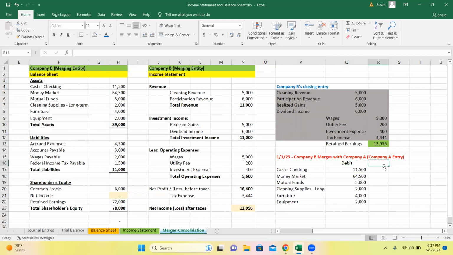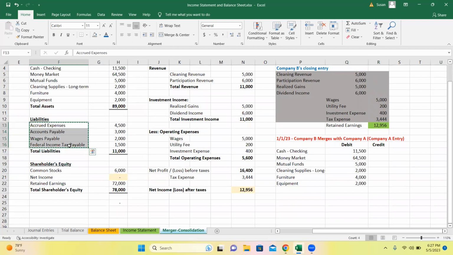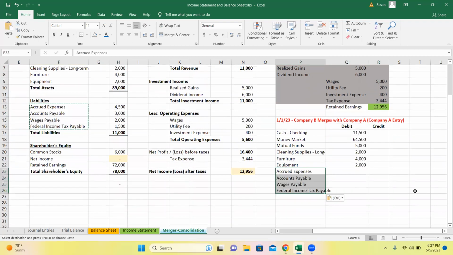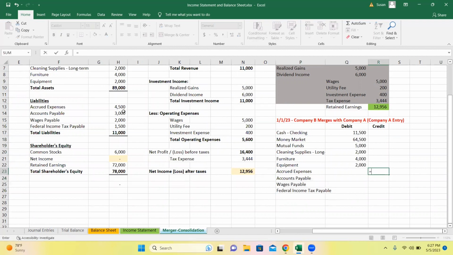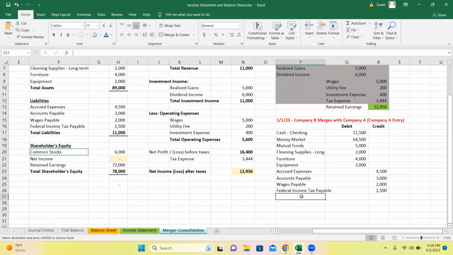Our liabilities are credits. So I'll take the liability accounts and do it as a credit. Our equity accounts are also credits. So we'll credit common stock and credit retained earnings to company A's books.